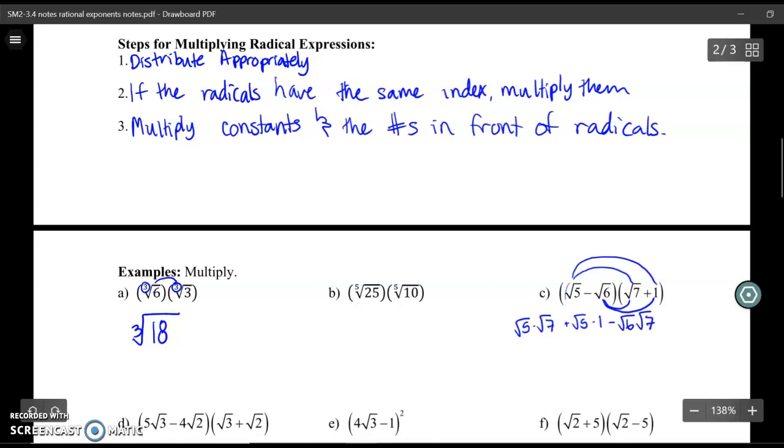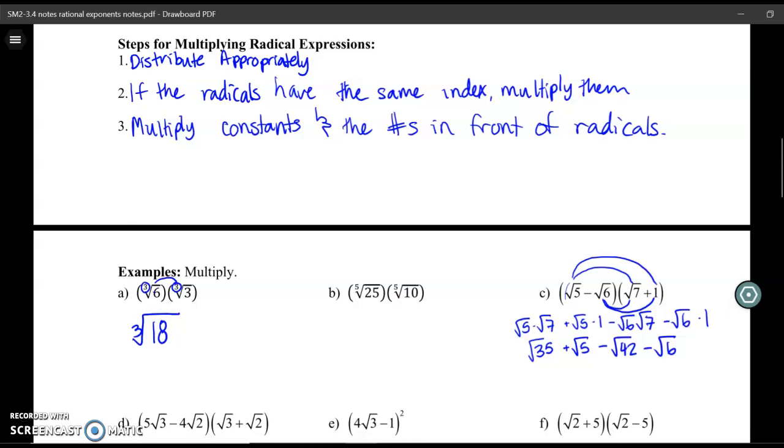And then the negative square root of 6 times 1 would be negative square root of 6 times 1. And then I can just go through and simplify each of these small expressions. So the first one would be the square root of 35 plus the square root of 5 minus the square root of 42 minus the square root of 6.